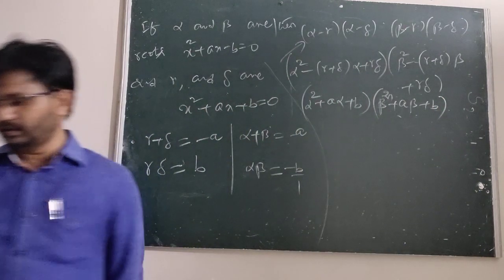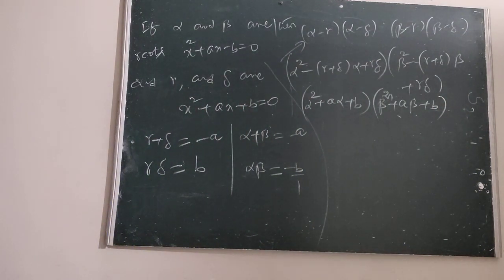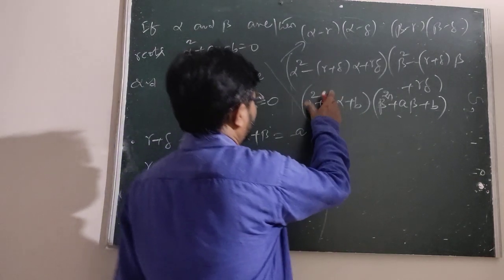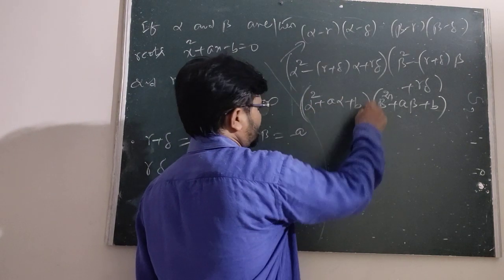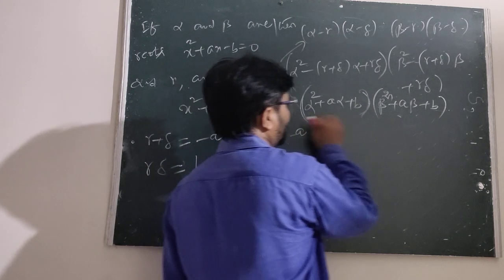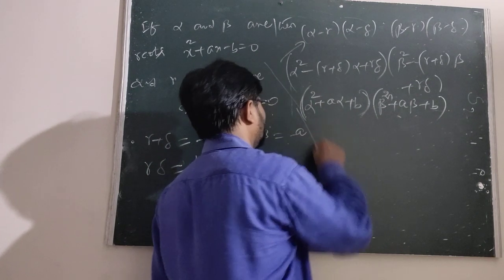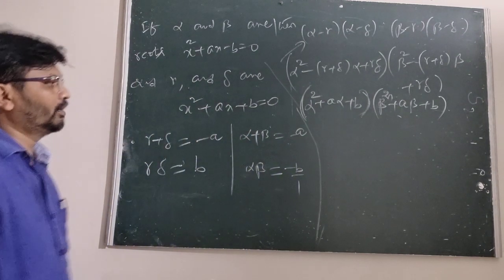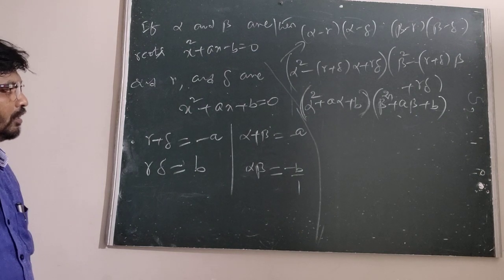Now all of you think in a small way here, but many students think of multiplication. That is the longest method. So we have to think in the right way.